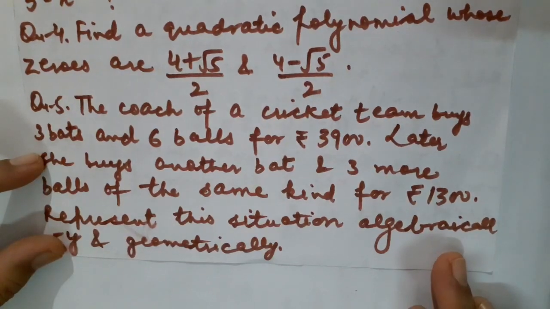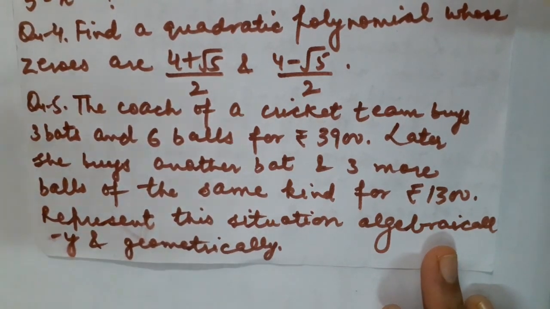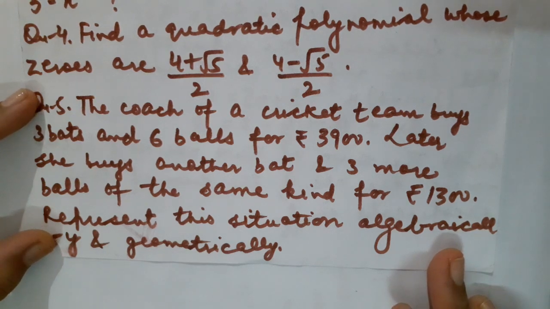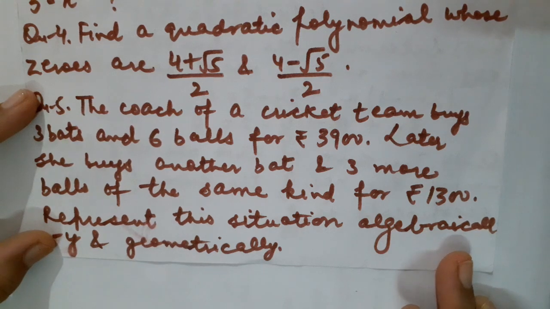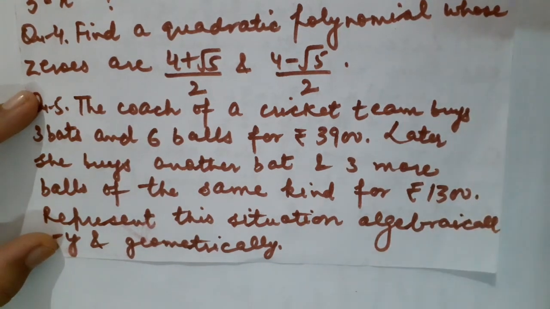Now children, this is question number 5. On the basis of given situation, you will have to form two equations. Algebraically, you have to represent this situation, and you have to tell whether the lines will be intersecting or coinciding, or there will be infinitely many solutions.